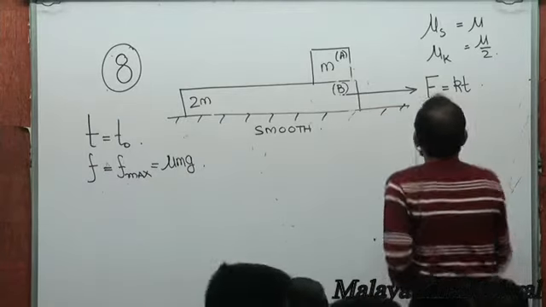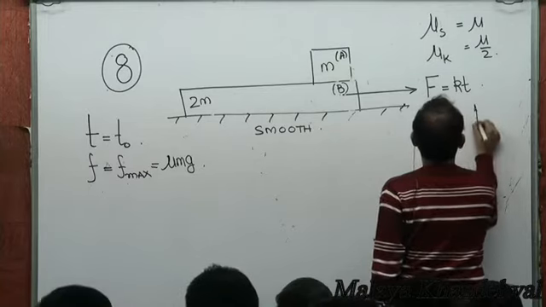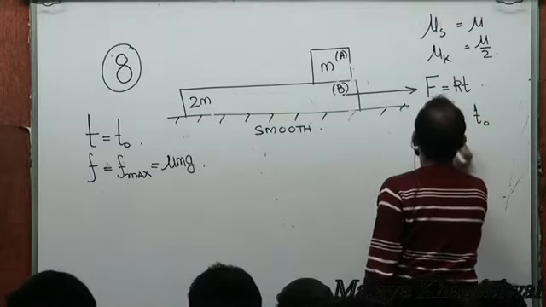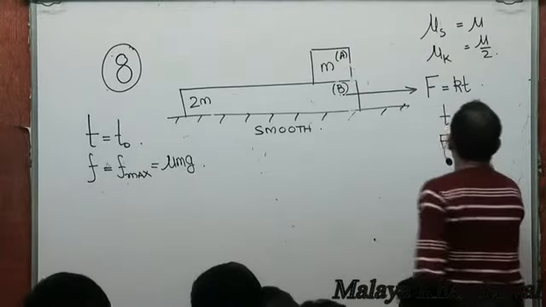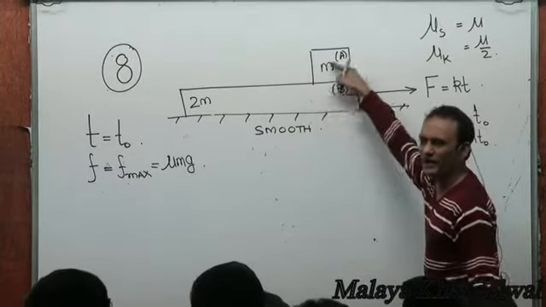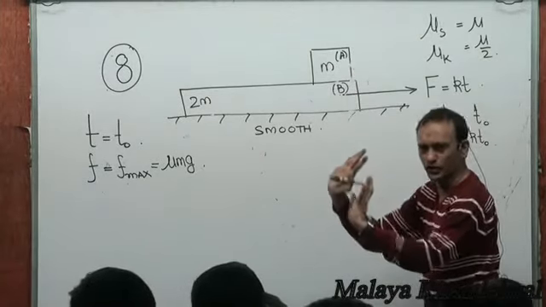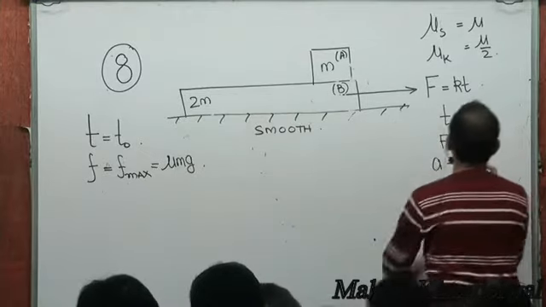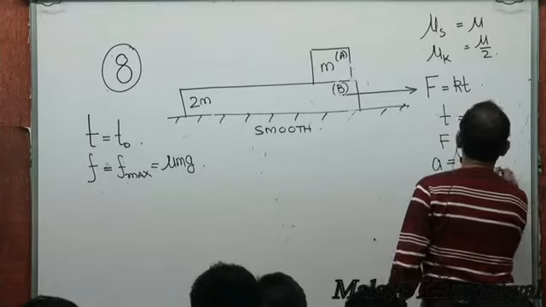Now, at t equal to t naught, what is the force? F is kt naught. What is the acceleration of the system? F divided by 3m. Up to this point, they will move together, right? So at t equal to t naught, their common acceleration becomes kt naught by 3m.